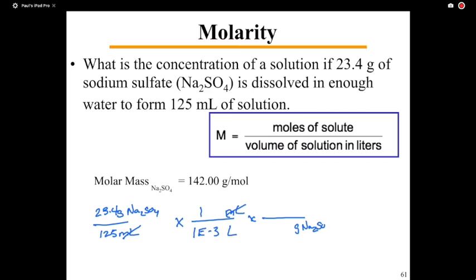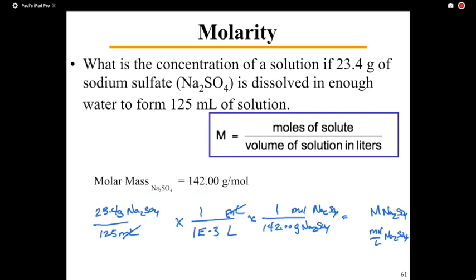Grams of sodium sulfate into moles of sodium sulfate. 1 mole is 142.00 grams. And I can either write the unit as big M sodium sulfate, or I can write moles per liter of sodium sulfate, because those are interchangeable.